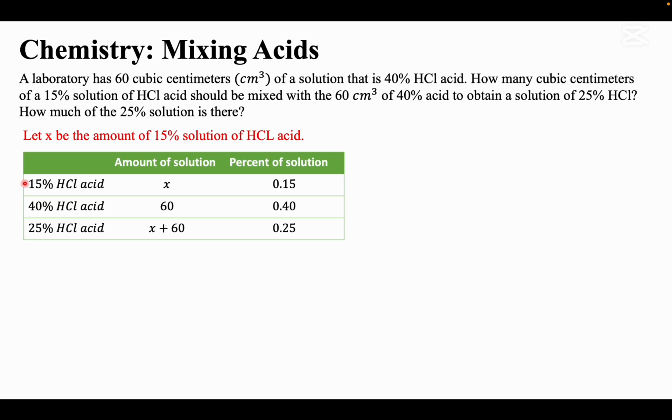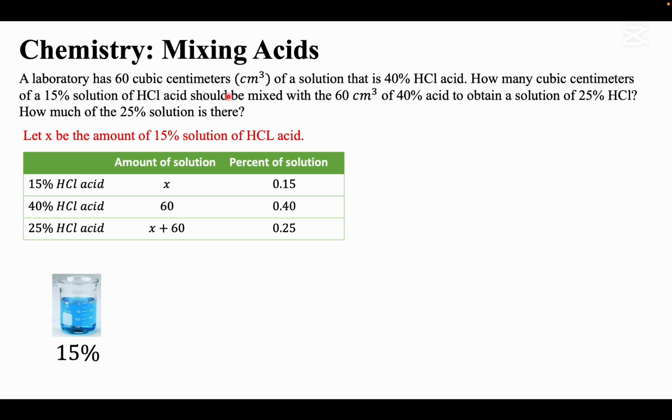We're mixing this 15% solution with the 40% solution to obtain this final solution, right? How much of the 15% do we have? Well, we don't know. So x represents that. But we know that there is 60 cubic centimeters of this 40% solution. If I mix those two up, the final solution should be x plus 60.